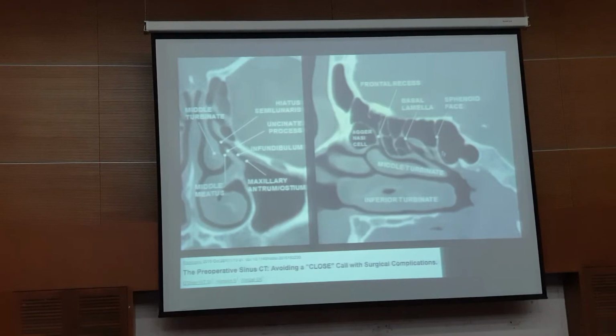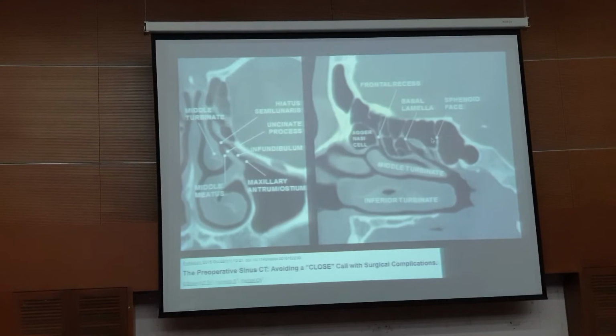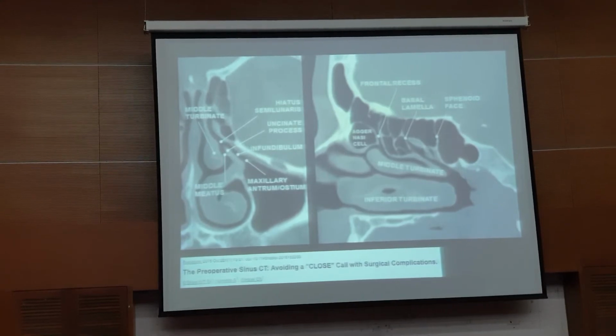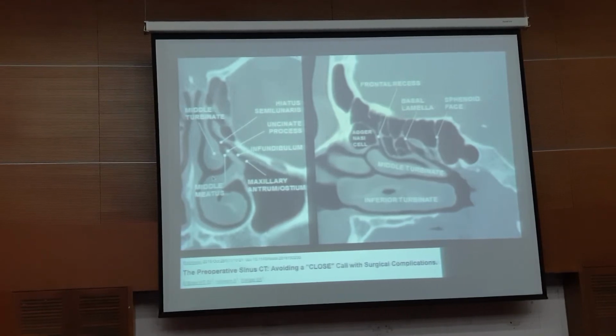I will also say the same for the sphenoethmoidal recess, not really seen in this slice, but it is often easier to see the sphenoid ostium and the sphenoethmoidal recess on a sagittal view. So if I need to see those things, I would probably go to the sagittal view. But the coronal view is best to look at the OMC. You can sometimes make a decision about the frontal recess on the coronal view, but it's probably better to look at the sagittal view.